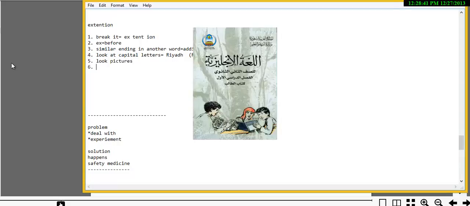Also, you can look at words next to it. Like, for example, I want to use a red extension to my hair. Maybe this will give you a hint on what an extension is.